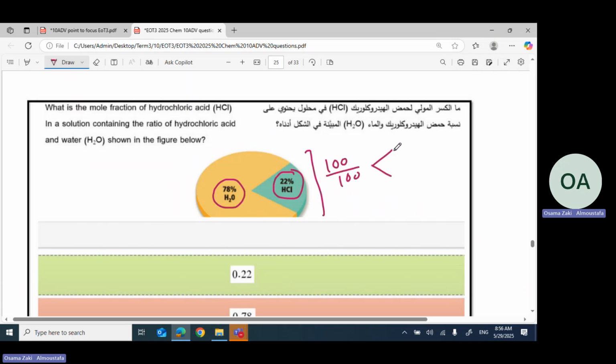So that means that HCl has a fraction of 22%, and H2O has 78%. So this is 0.22, and this is 0.78. So HCl is 0.22.